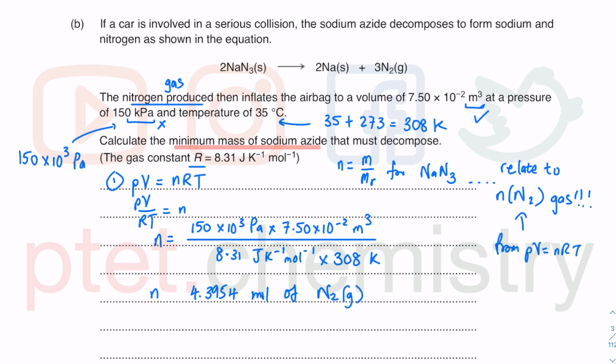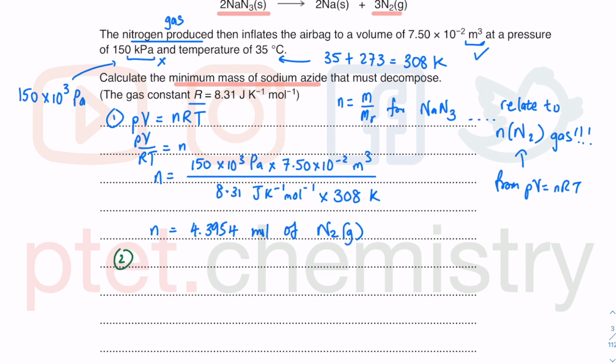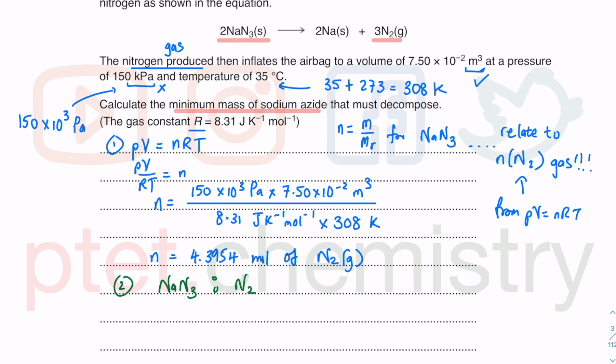So this belongs to the gas, and because I have 3 moles of gas coming from 2 moles of sodium azide, we need to do the correct mole ratio as usual. So NaN3 to N2: we could see that 2 mole of NaN3 give you 3 moles of N2 there.